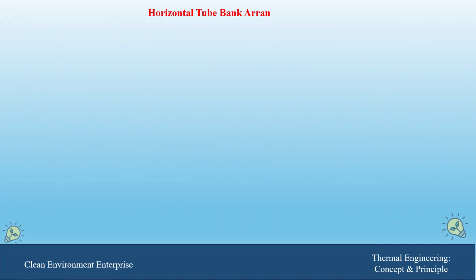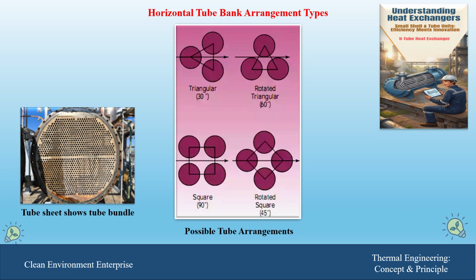And finally, we will arrive at the summary of the content of the present episode. The tube bank in general has two main tube arrangements in the bundle: the triangular one and the square.